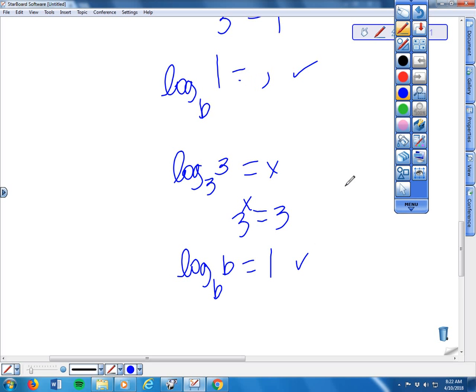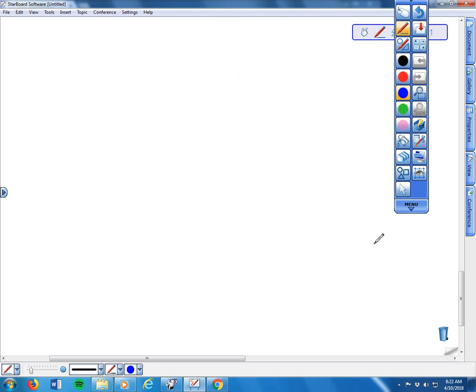There's one more logarithm. And that is log base e.